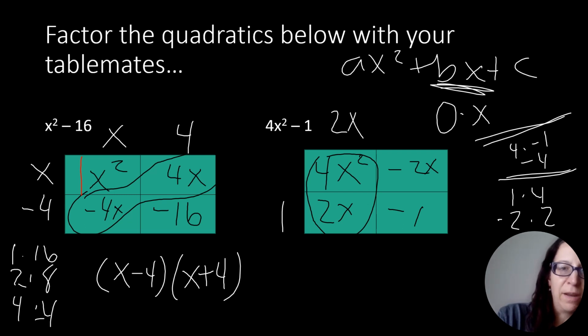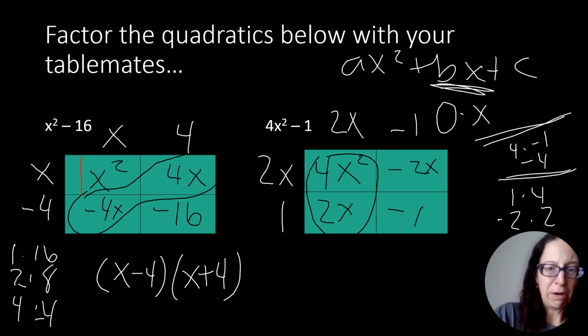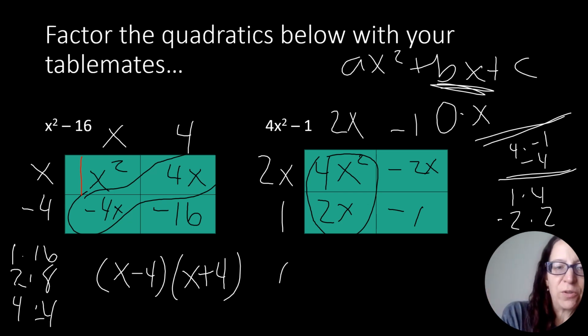Well, that would be negative 1. And negative 1 times what would give me negative 2x? That would be positive 2x. Could have done that other ways. And so my factors are 2x plus 1 and 2x minus 1.